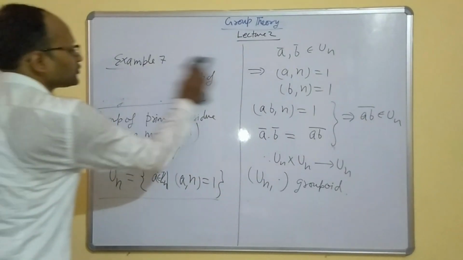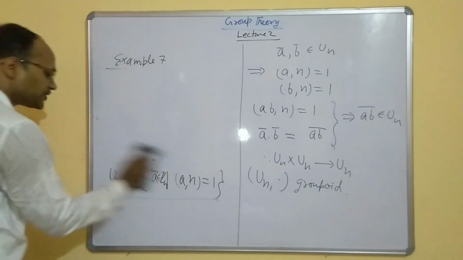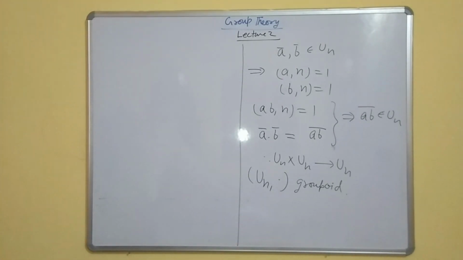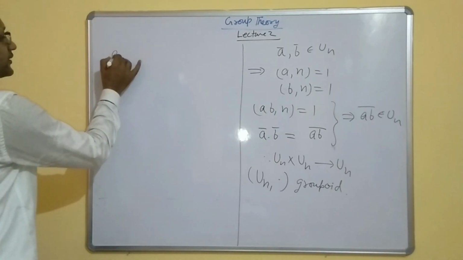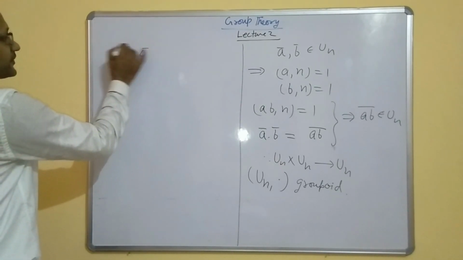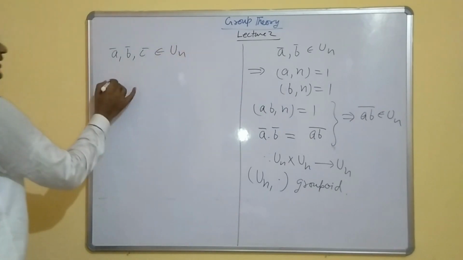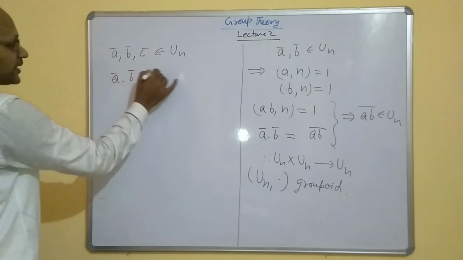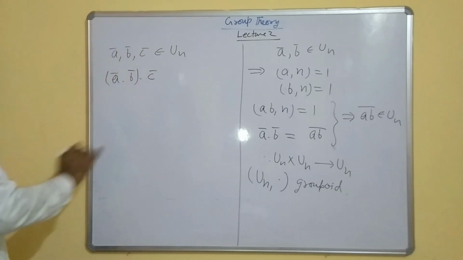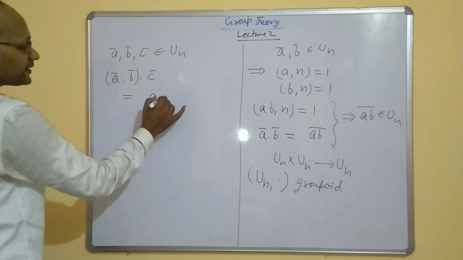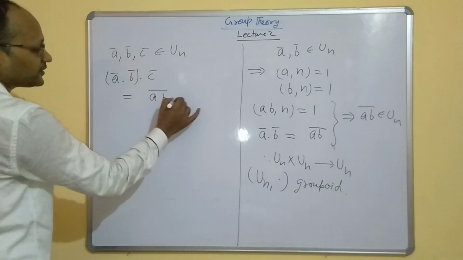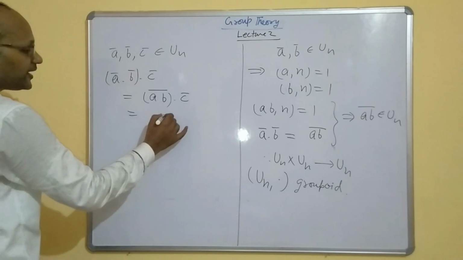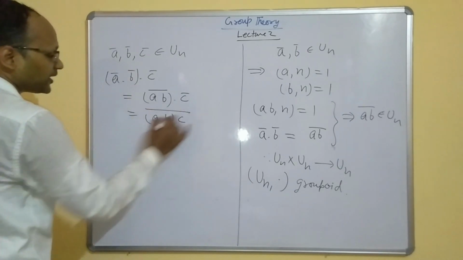Now further we will show that this operation is associative. Take three elements a, b, c in Un. Then clearly a bar dot b bar dot c bar, by definition, you can write as a into b whole bar into c bar, and again by definition as ab into c whole bar.